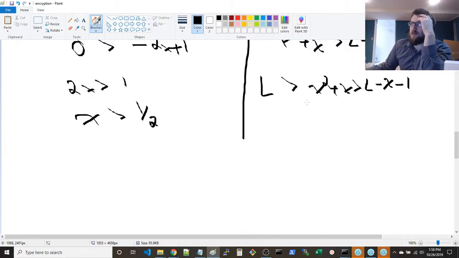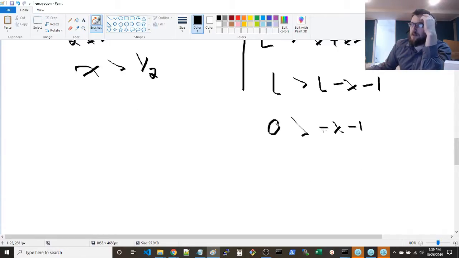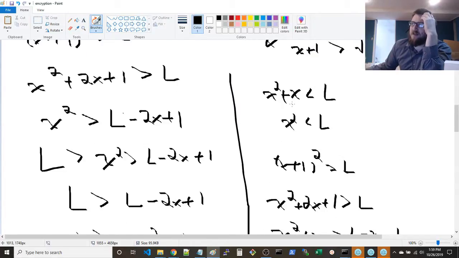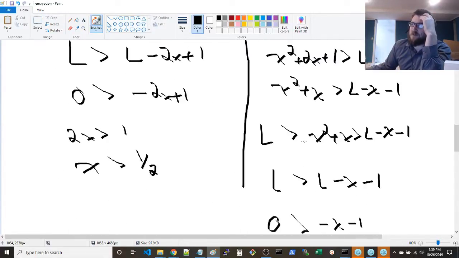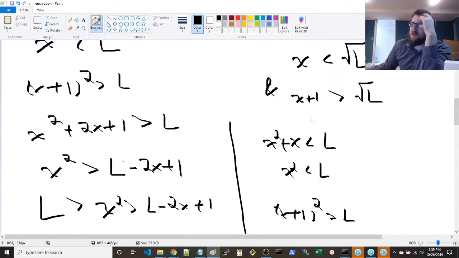And that gives us L is greater than L minus x minus 1. It gives us 0 is greater than negative x minus 1, which is always true, actually. That means that x is greater than negative 1. It's not a contradiction. It's always true. Wait, what? What's going on?